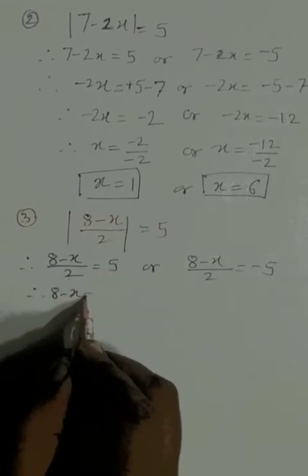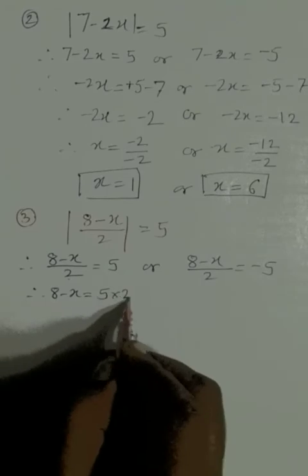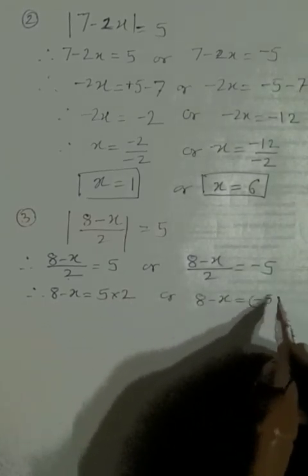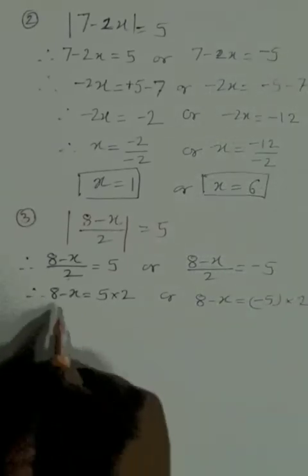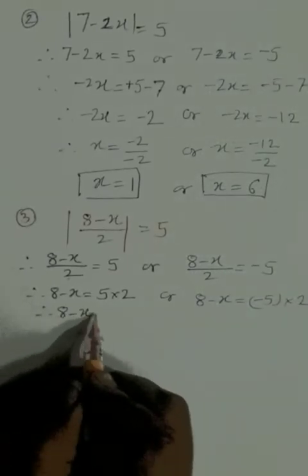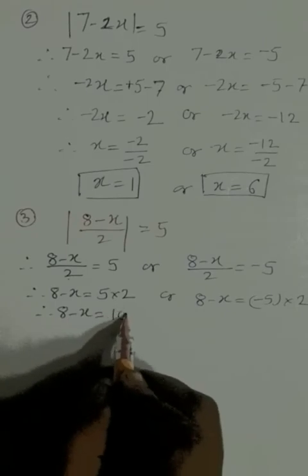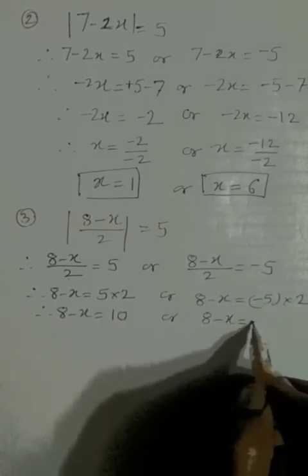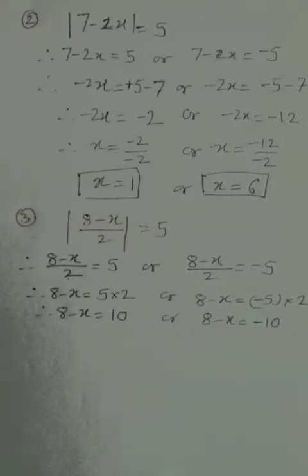8 minus x is equal to 5 into 2, or 8 minus x is equal to negative 5 multiplied by 2. Therefore 8 minus x is equal to 10, or 8 minus x is equal to minus 5 into 2, means minus 10.